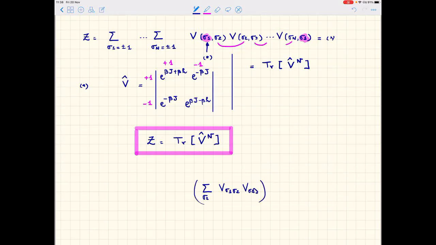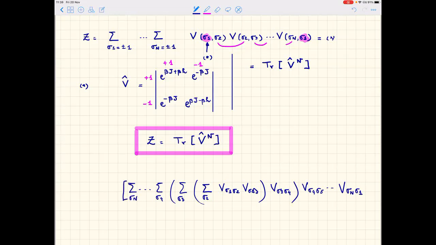Then I sum over sigma 3, and then V sigma 3 sigma 4. And then I sum over sigma 4, V sigma 4 sigma 5, etc., all the way to V sigma n sigma 1. So the last summation is going to be over sigma n.